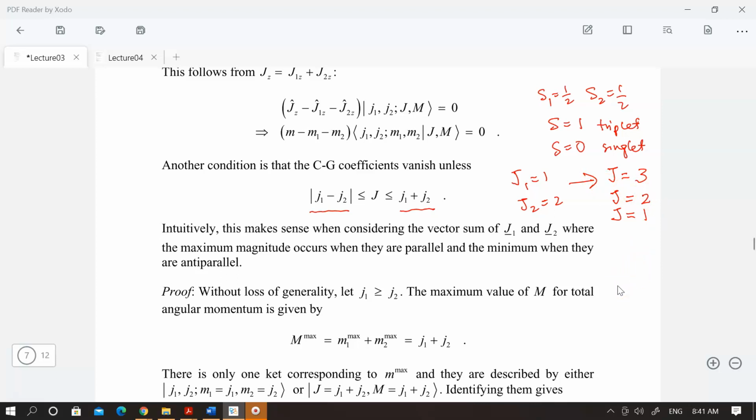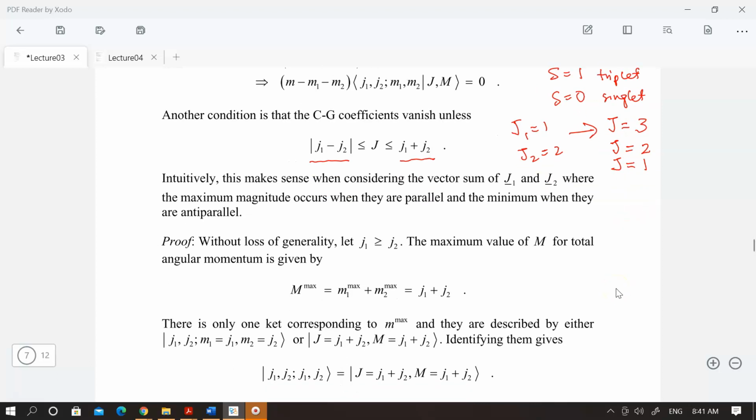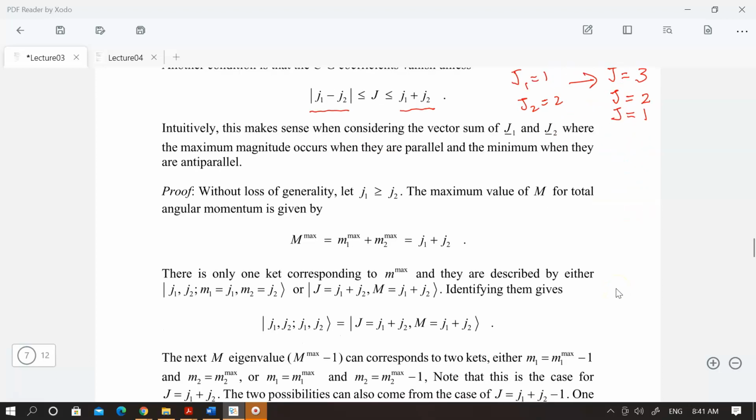And how do we actually prove this? Well, it's just an algebraic computation. You start enumerating all possibilities, but in order to do so, let's start with some assumption. We want to say that one of the angular momenta is bigger than the other, and then we fix that.